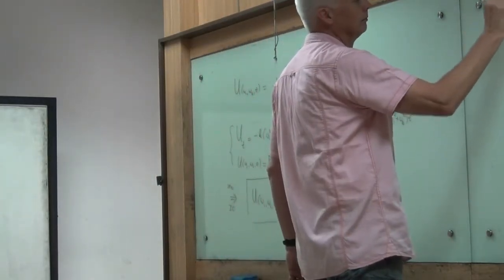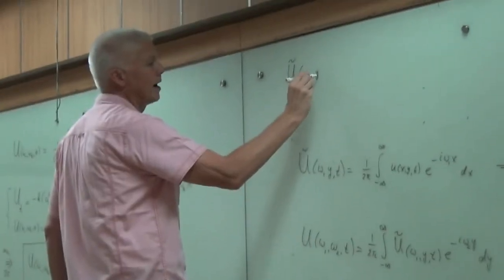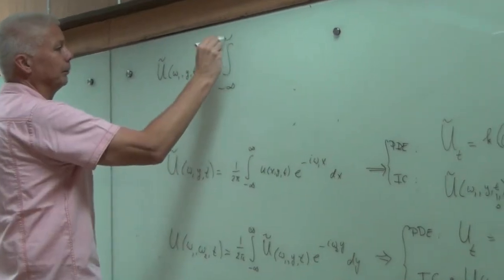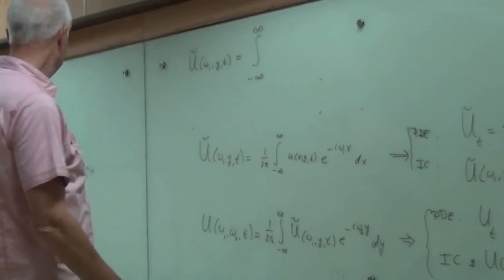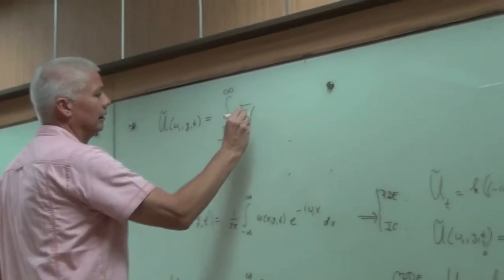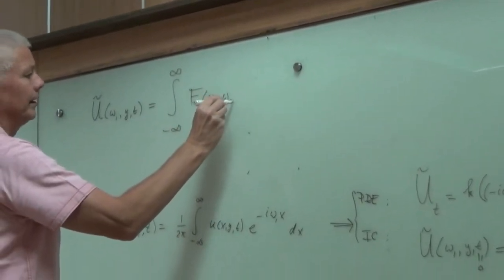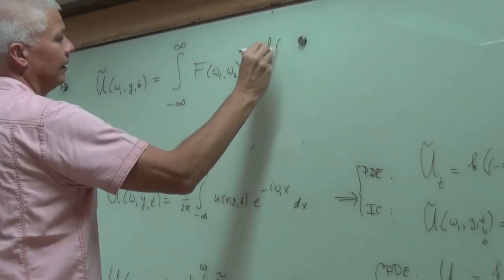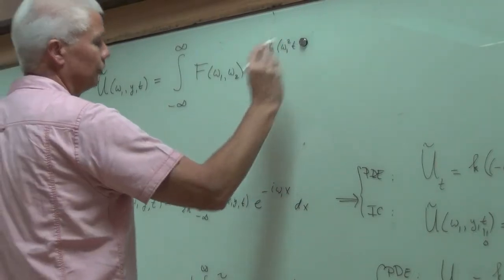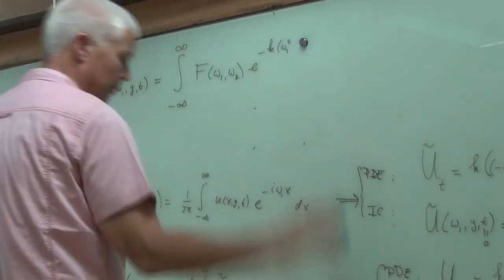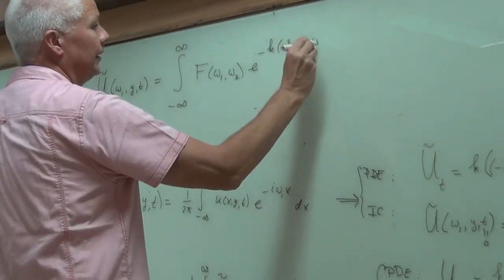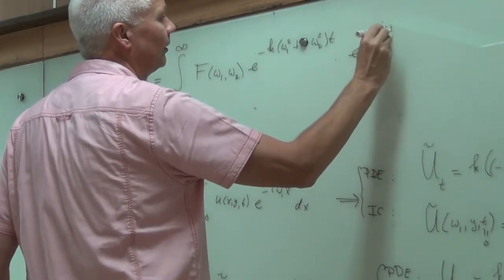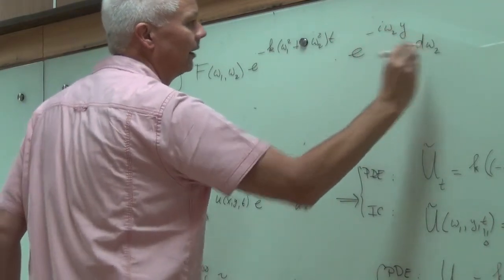So I will get u tilde of omega 1, y, t, which is defined to be the integral from minus infinity to plus infinity of my f tilde of omega 1, omega 2, e to the power minus k (omega 1 squared plus omega 2 squared) t, times e to the power minus i omega 2 y, d omega 2.